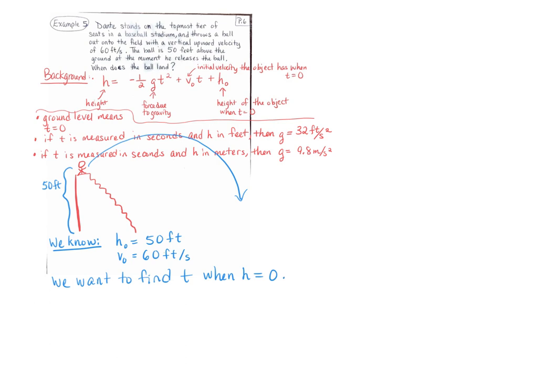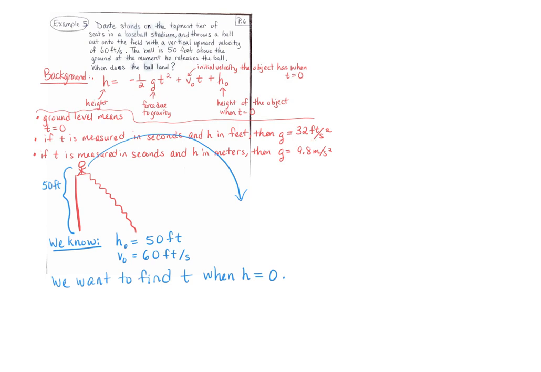Okay, so what we have to do, we have to look back up at our formula, because this is our quadratic equation, right? We know h is equal to negative 1/2 times g. And remember, we have these two options. But for us, we know that we're given our answer in terms of feet per second. So we know we're in this option here where g is 32 feet per second squared.